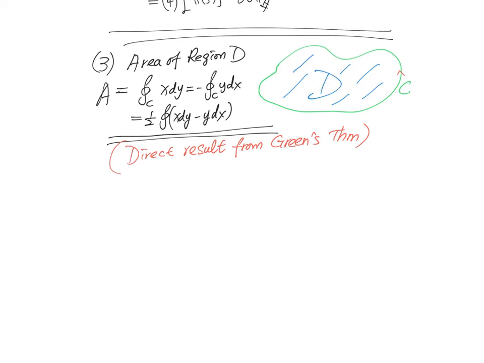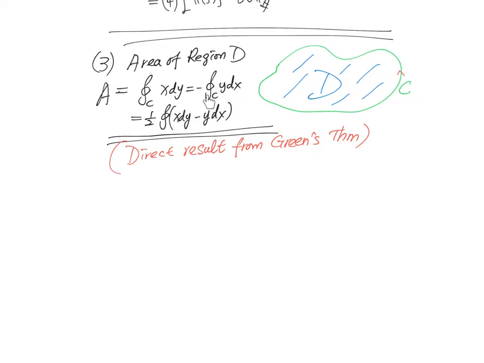Because of Green's theorem, this integral equals the area of D. You can consider P equal to 0 and Q equal to x. So Qx equals 1 and Py equals 0. This is 1 integrated over dA. So that's the reason it is the area of this region D.